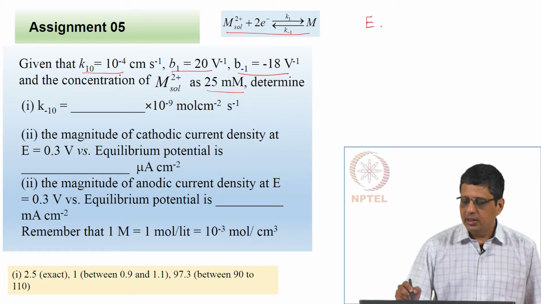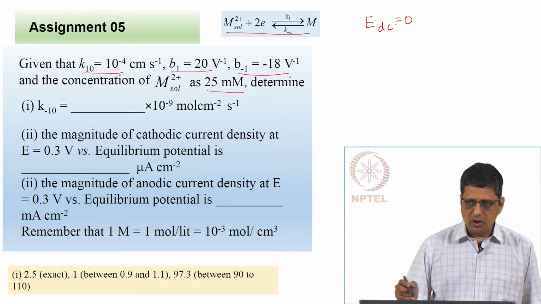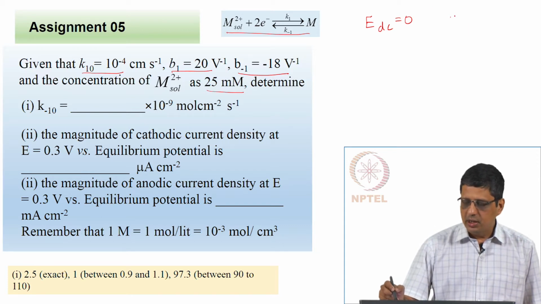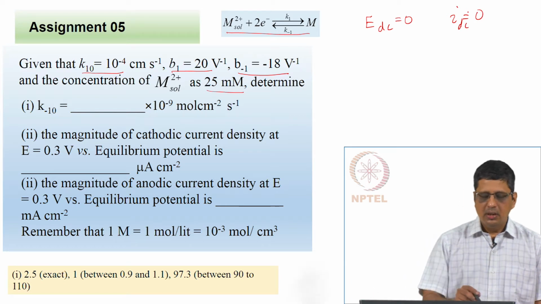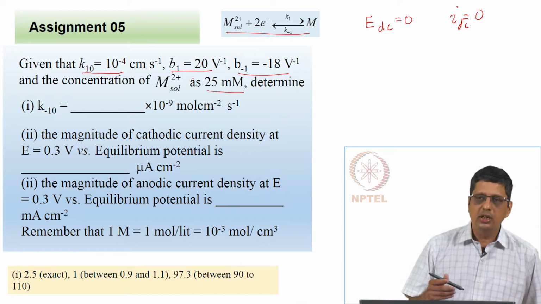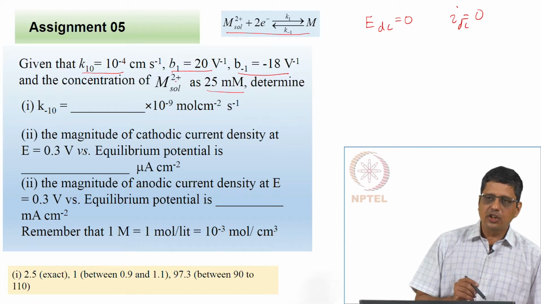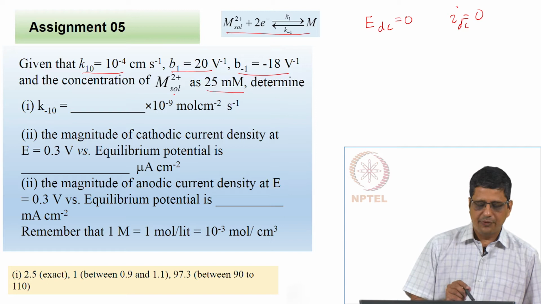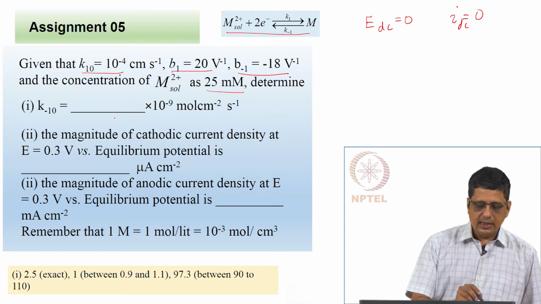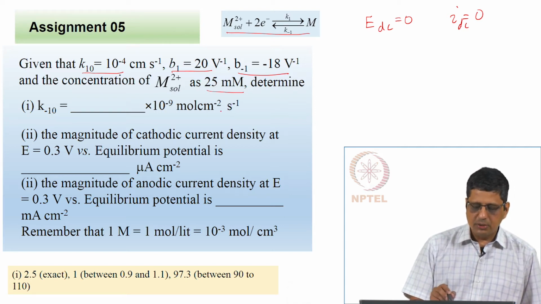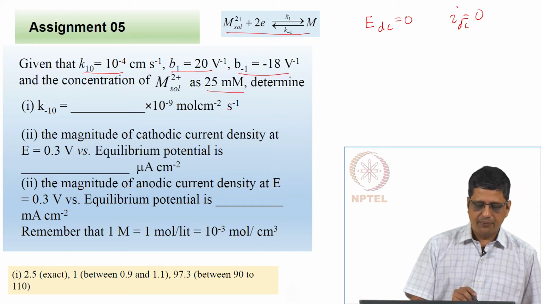So, we have to remember that at a DC potential of 0 with respect to equilibrium potential, we expect the current to be 0. So, you cannot arbitrarily choose the value of K10 and K minus 10 for a given concentration of M2 plus solution. So, this is given in terms of 10 power minus 9 moles per square centimeter per second.